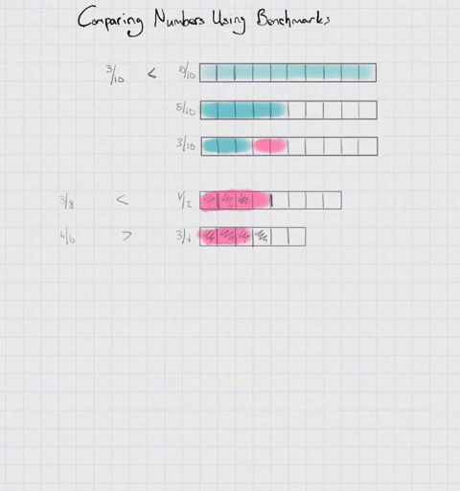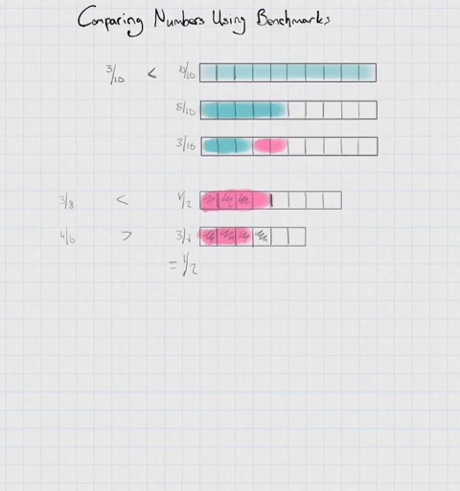So 4/6 is going to be greater than 3/6. Okay, 3/8 is less than a half. 4/6 is greater than a half. Okay, 3/6 is equal to a half. They are equivalent fractions. All right, that's the whole point of this thing.